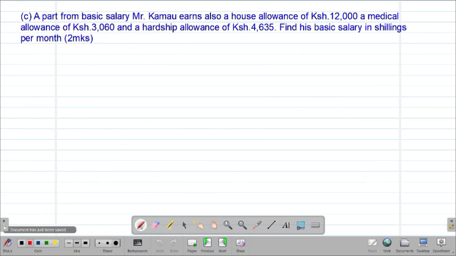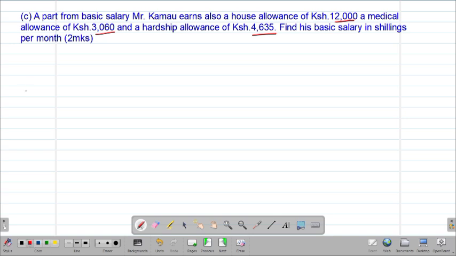Then part C, we are told that apart from the basic salary, Mr. Kamau also earns a house allowance of 12,000, a medical allowance of 3,060, and a hardship allowance of 4,635. Find his basic salary in shillings per month. So of course, we are going to employ the formula for the taxable income, because that formula has the basic salary and the taxable allowances.